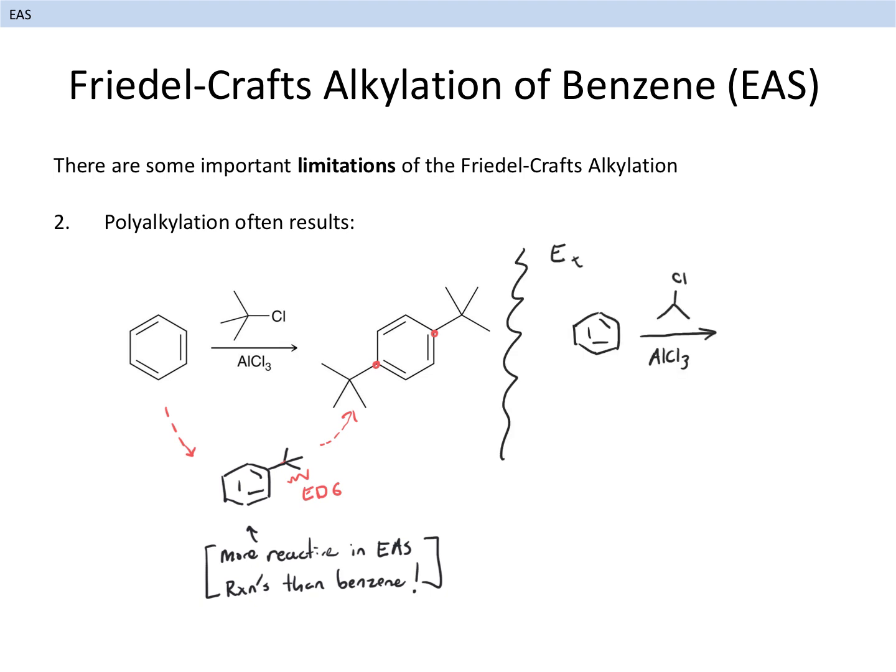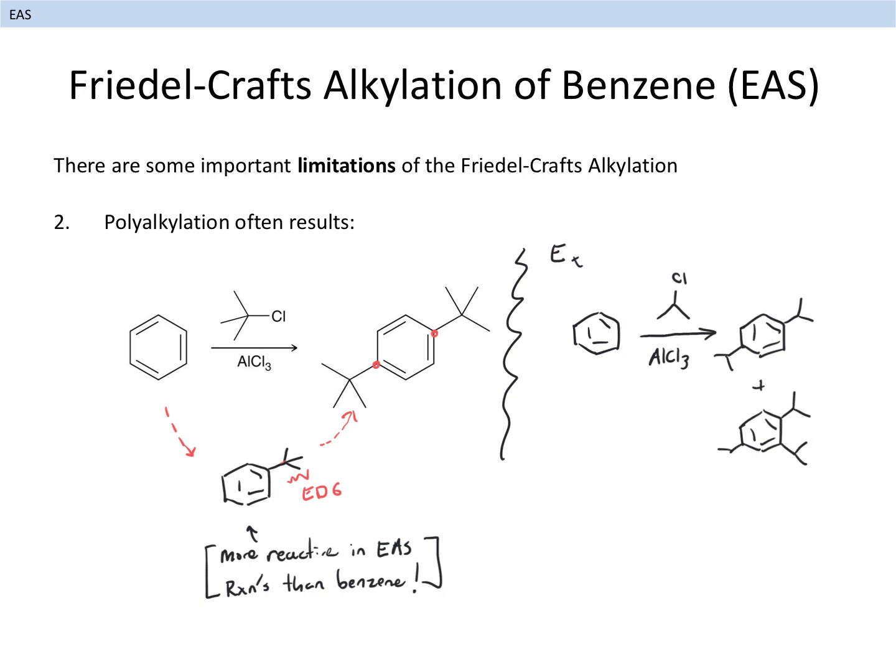For example, when isopropyl chloride reacts with benzene in the presence of aluminum chloride, the product is not just a single alkylated benzene, but rather a mixture that includes multiple alkyl groups attached to the benzene ring. This uncontrolled addition can complicate the reaction outcome, making it difficult to obtain the desired monoalkylated product.